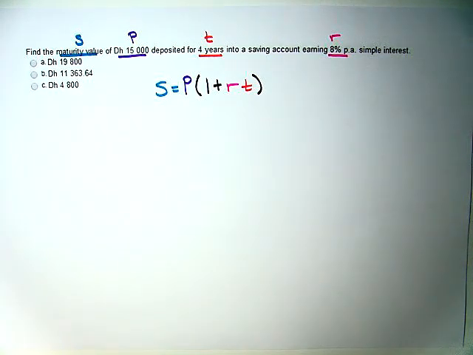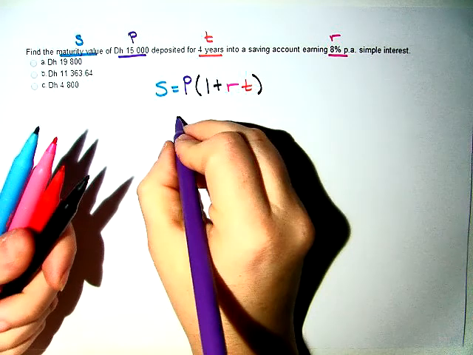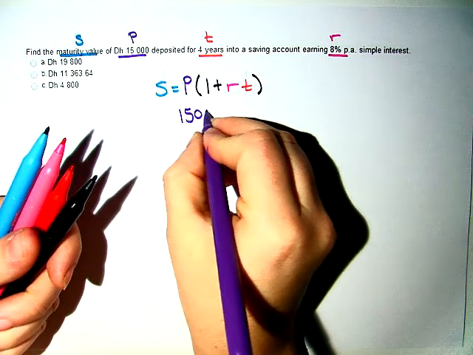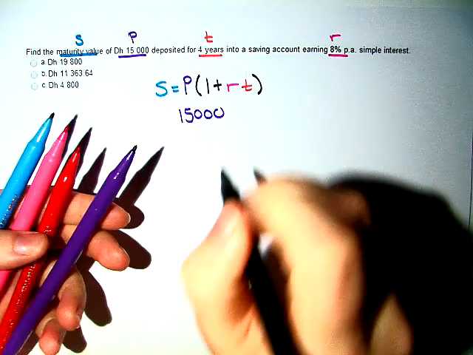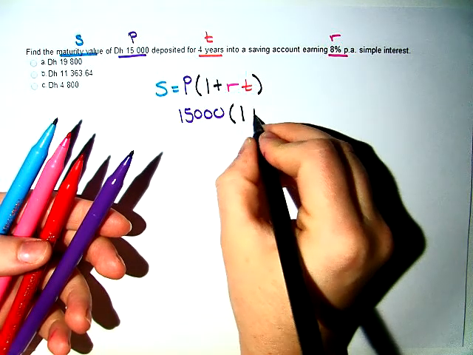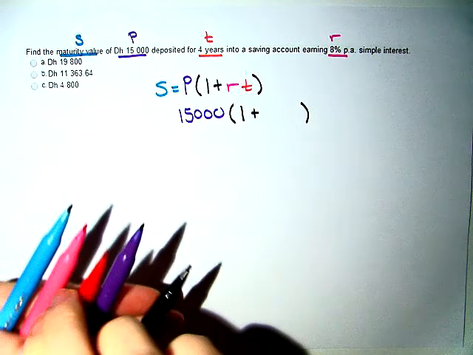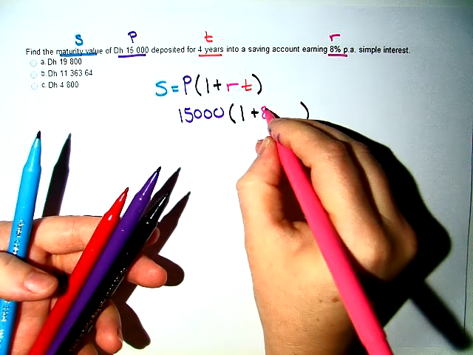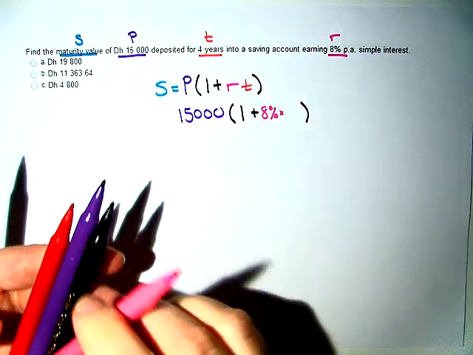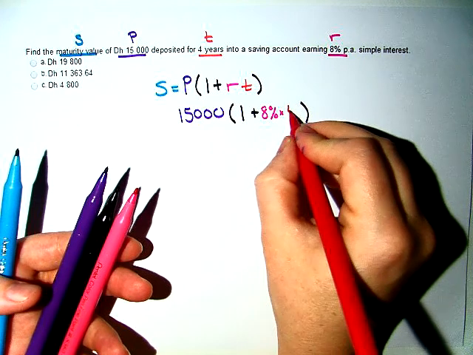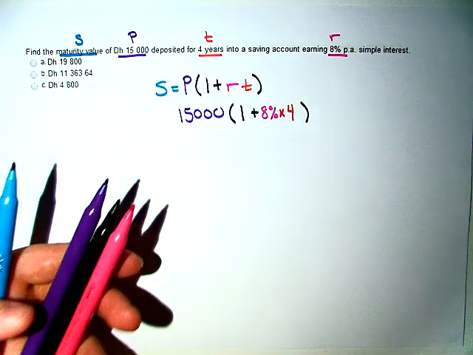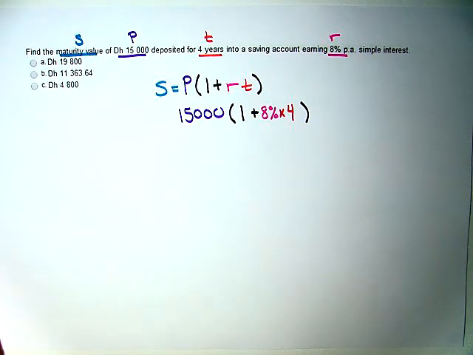So this is the formula we're going to use for this equation. All we have to do is plug in the various variables. 15,000 multiplied by 1 plus my rate is 8%, and my time is 4 years. Remember, you need to multiply these two together in your calculator.